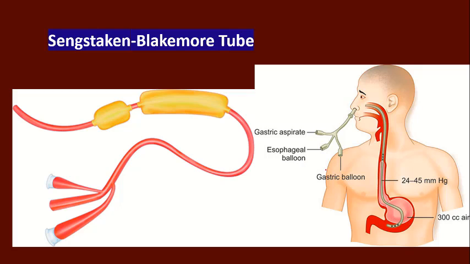Success rate is very good, but as we mentioned, it should be done for a short period of time and then followed by definitive procedures like banding or sclerotherapy. Otherwise, the rebleeding rate is about 60% with balloon tamponade only. It is a rescue procedure and an emergency bridging method for more definitive procedures.